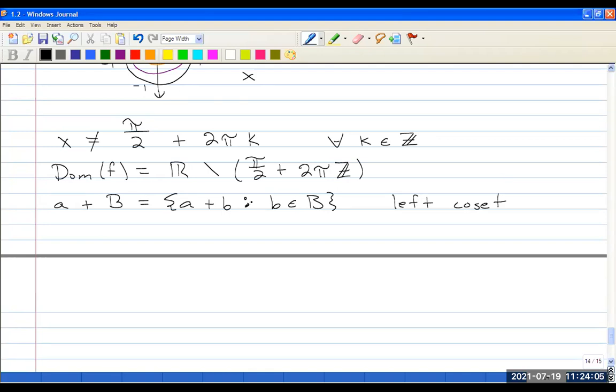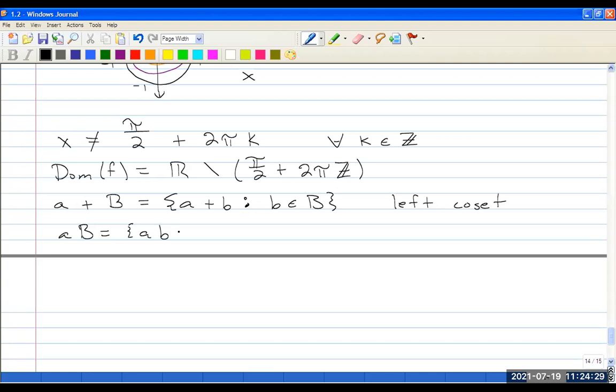And it's because the number here is on the left. This is a left additive coset. And I could also write it this way as a left coset.